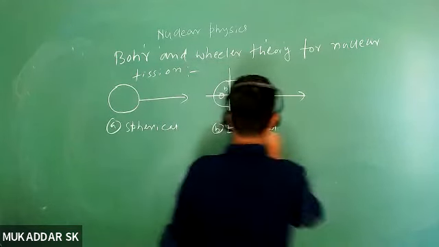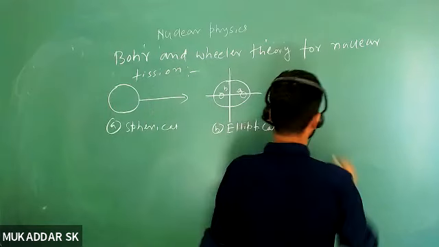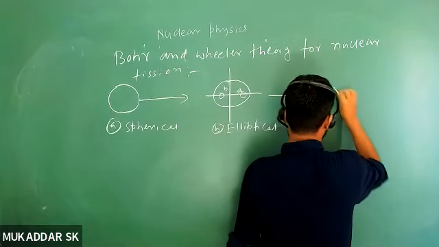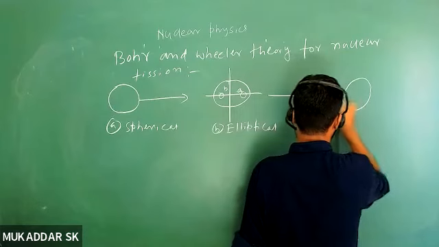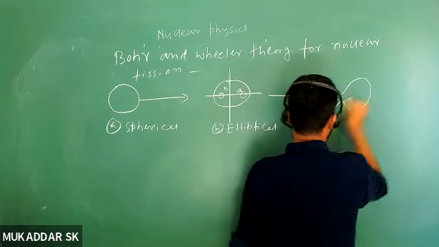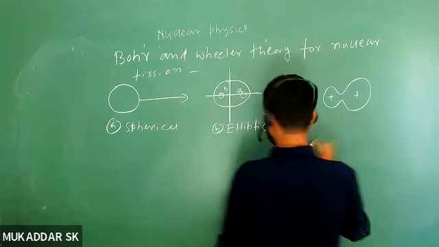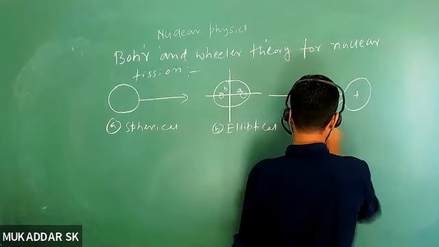Then due to Coulomb repulsion, it will become dumbbell shape, which is also known as the critical state.